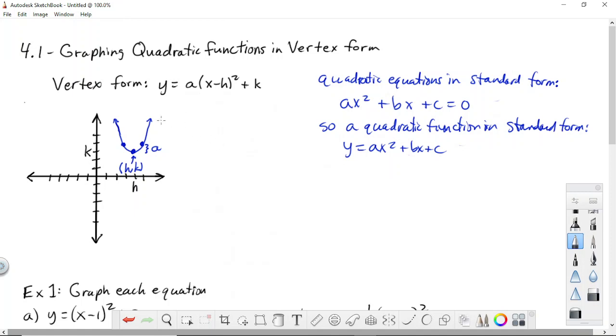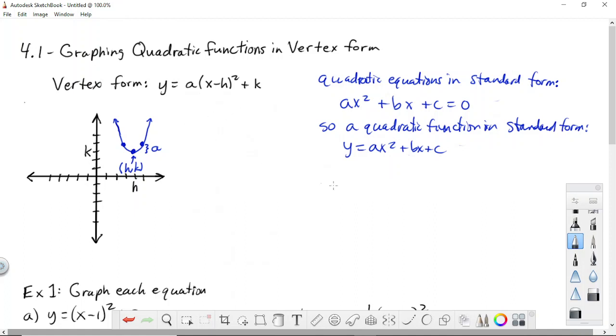And take a quick look at this. The graph will be a parabola, as you see this blue shape here. And the vertex will be (h, k). Whatever number h is the x-coordinate of the vertex, and whatever k is the y-coordinate of the vertex.